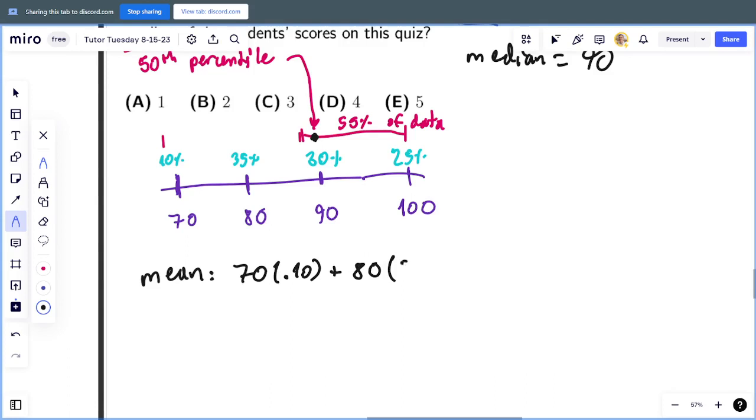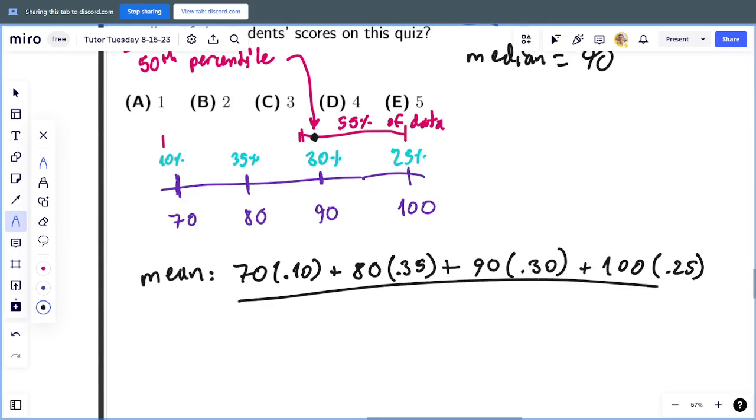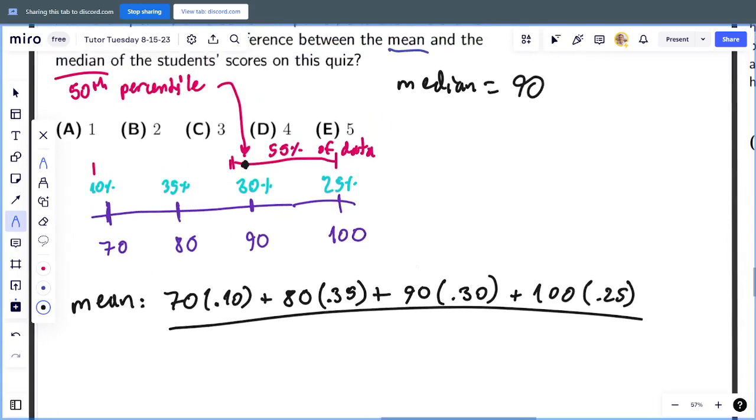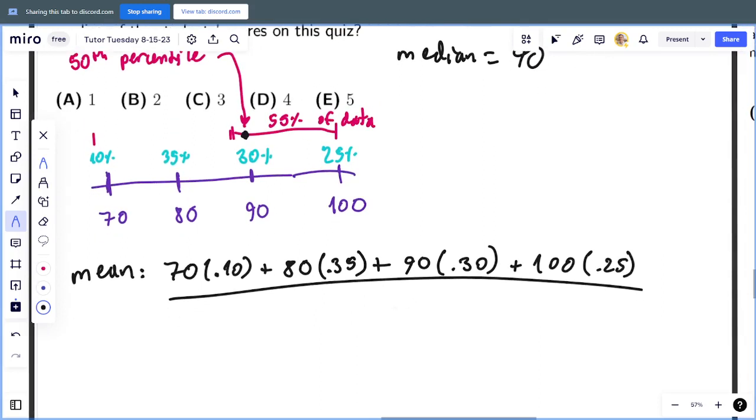Score of 80, that would be 35% of people. Score of 90 would be 30% of people. And the people who scored 100, that would be 25% of people. And normally you divide by the number of people, or whatever the total is. In this case, the total is 100%, which if I'm writing as a decimal is just 1.